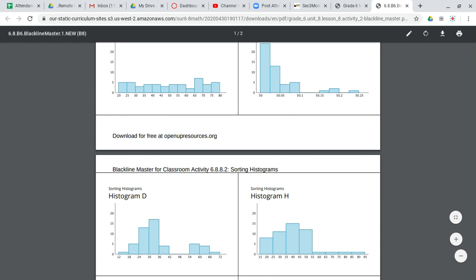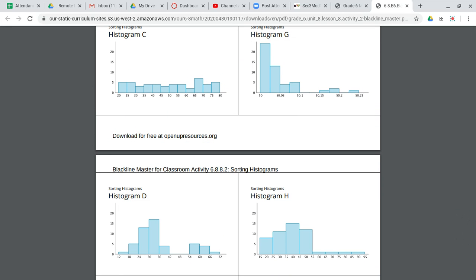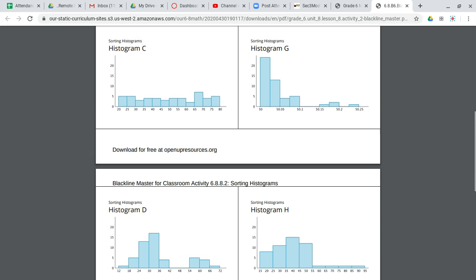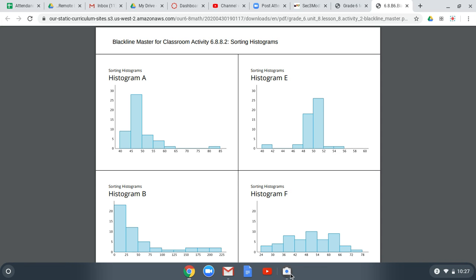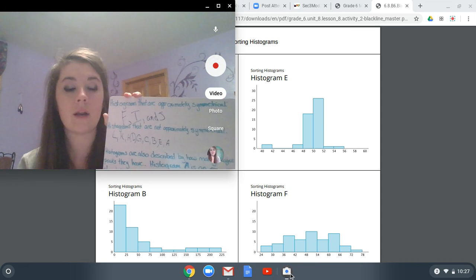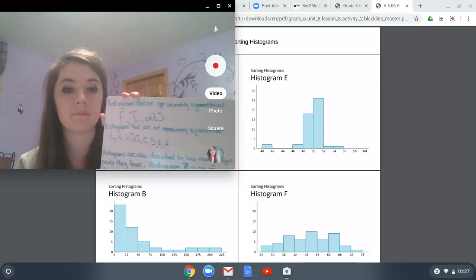That's H. That's D. G. C. That's B. That's E. And A. So, whole lot of ones that are not symmetric there.